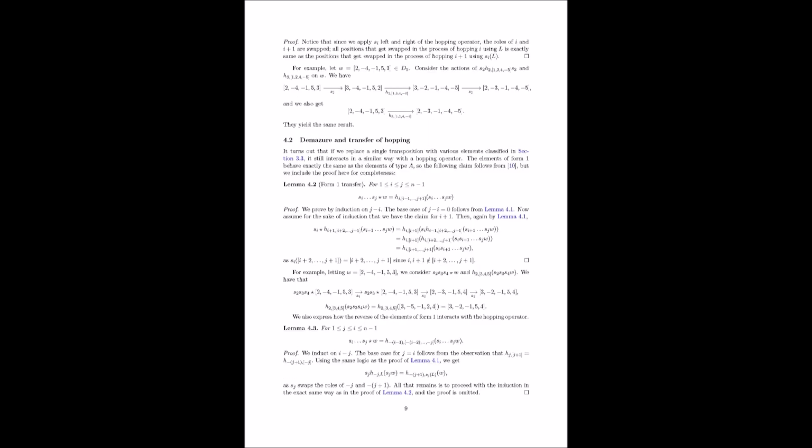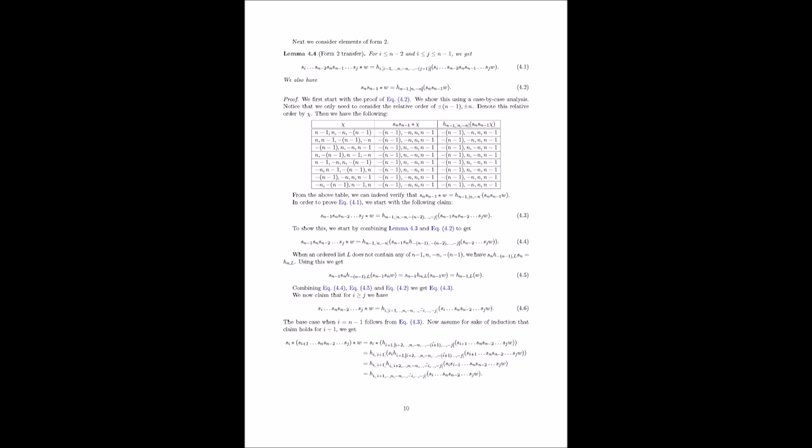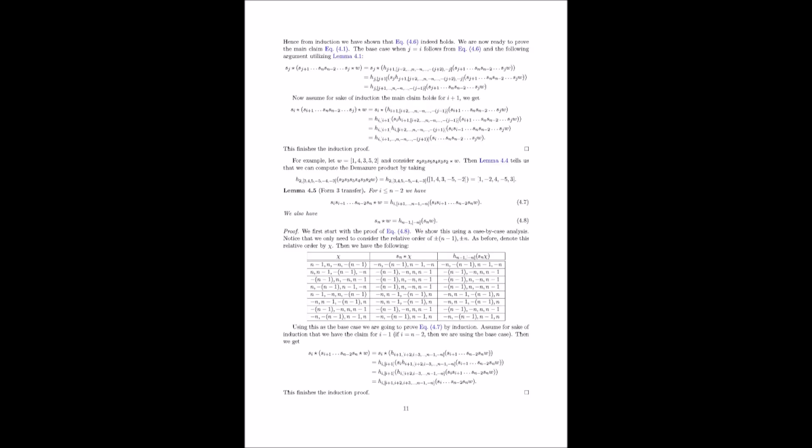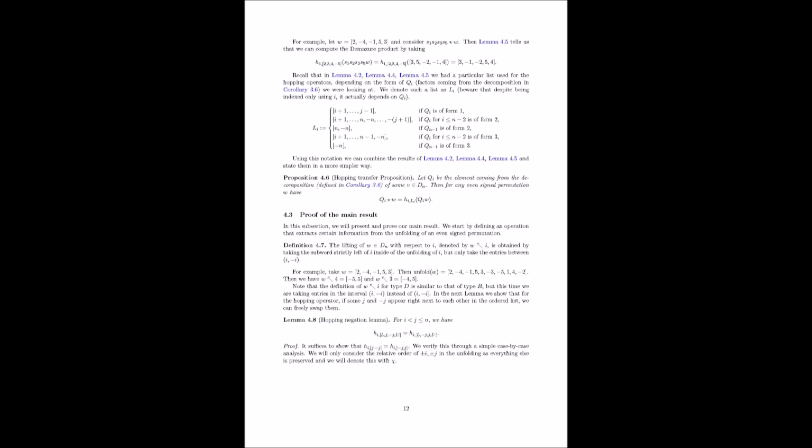Absolutely. And that's where the real ingenuity shines through. They used this adapted hopping operator with something called maximal parabolic decomposition to really nail down their main result. Maximal parabolic decomposition. Sounds intimidating, I know. But think of it like breaking down a giant puzzle into smaller bite-sized pieces. Okay, I could work with that. So it lets you express any element in type D as a product of elements from these subgroups that have a simpler structure, you see.